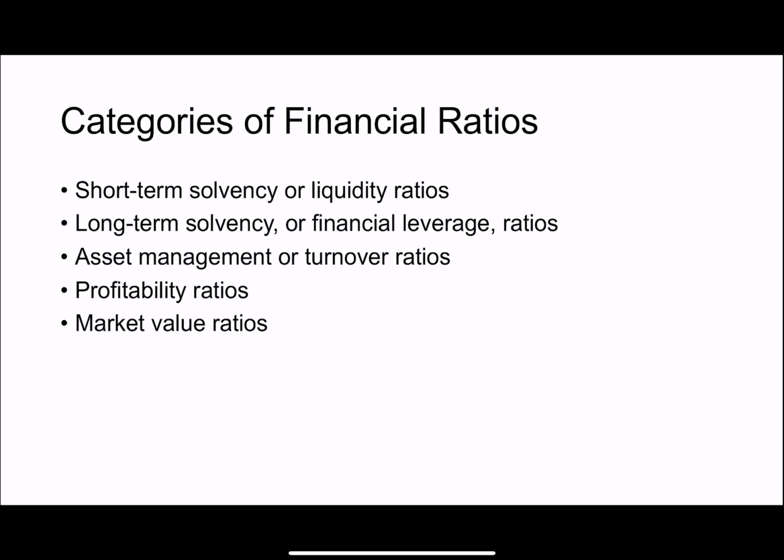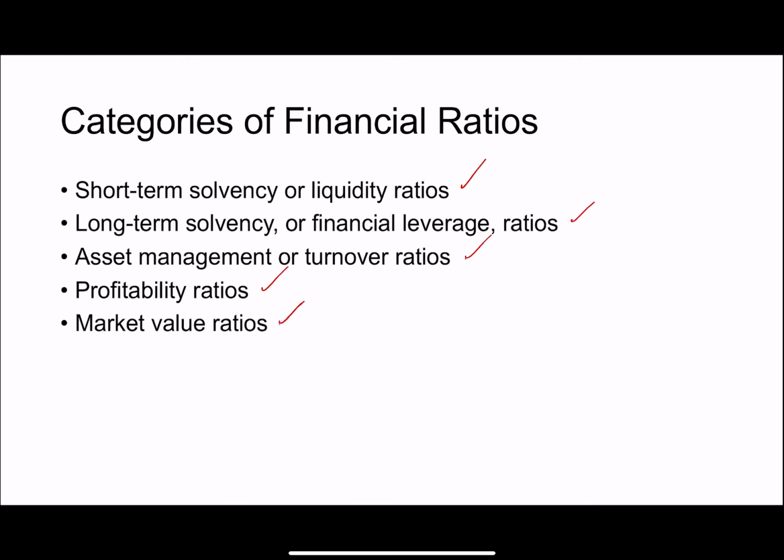We try to divide the activities of the company, or areas of the firm's performance, into various categories. So we have liquidity or short-term solvency, leverage or long-term solvency, asset management or asset efficiency or turnover ratios. Obviously, we have profitability, and we also have valuation, market valuation or market value ratios.